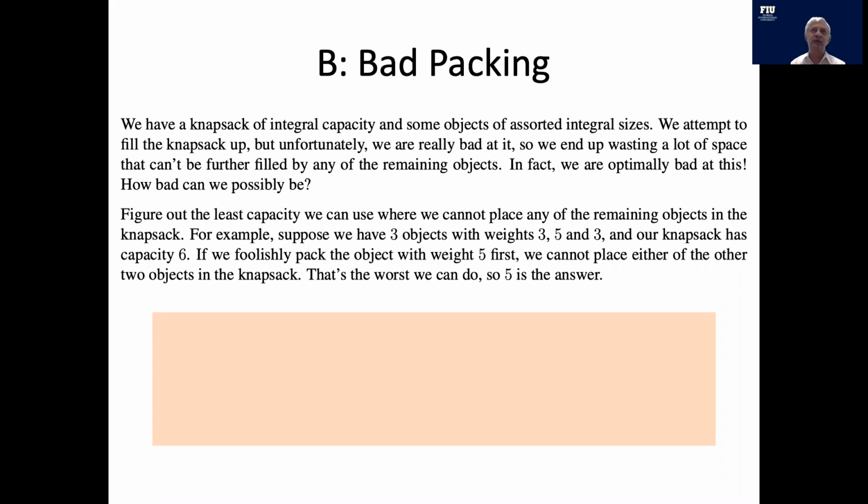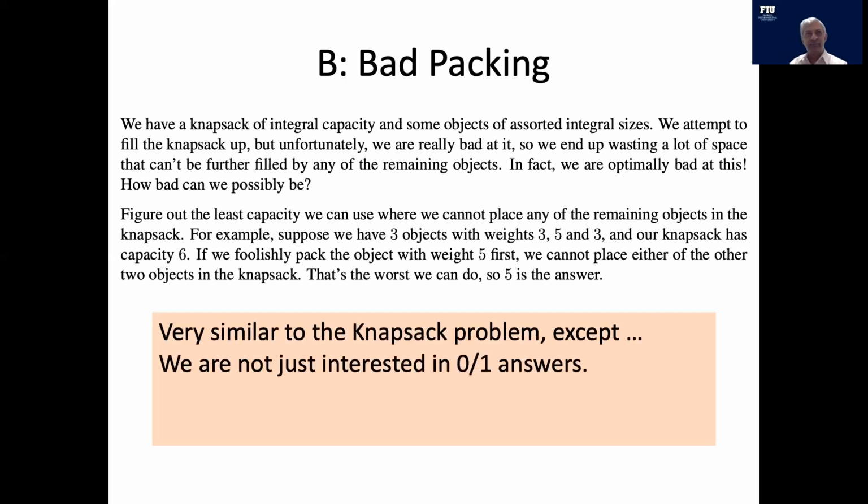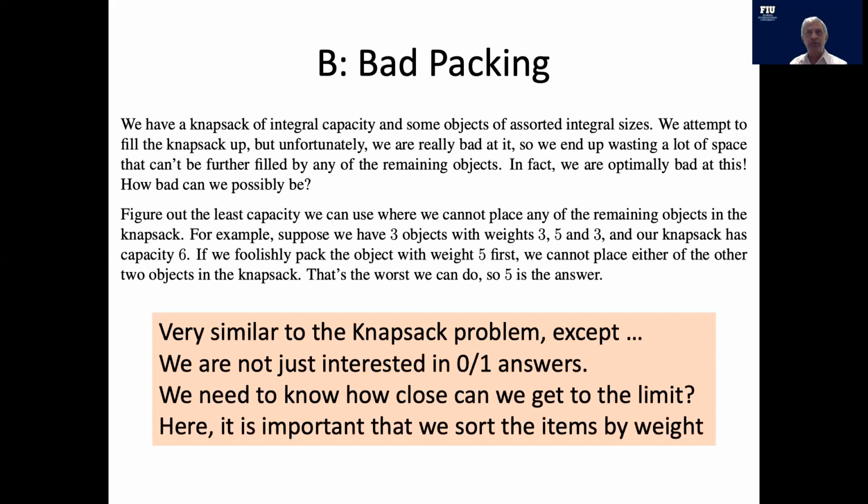And it turns out that we can modify what we did for the good knapsack problem and solve this. I don't have the time to do this now because it's quite a bit more complicated, but it's clearly very similar to the knapsack problem. We're not just interested in 0-1 answers. We also want to know how close we can get to the limit.